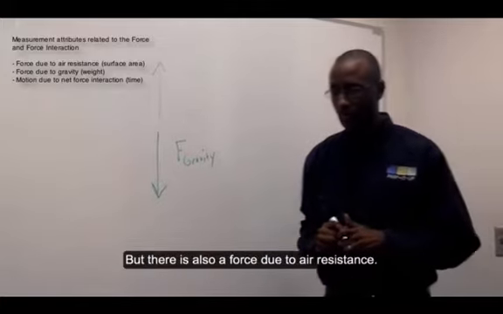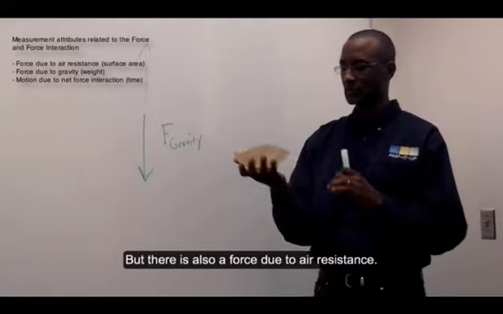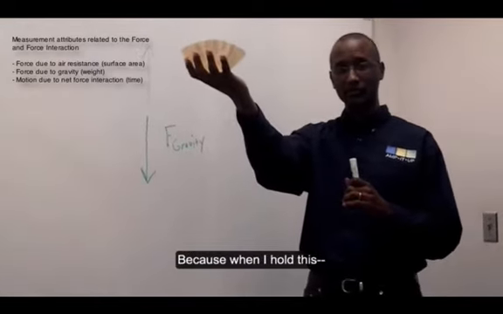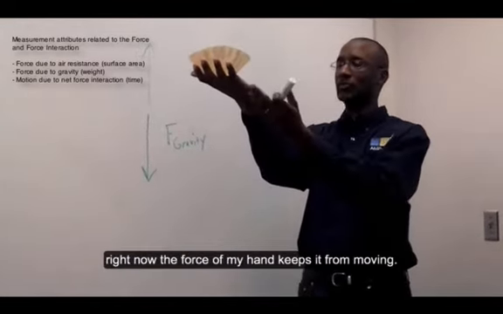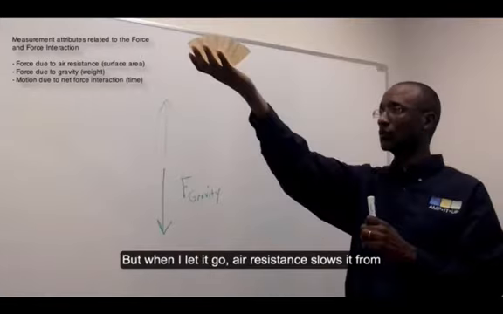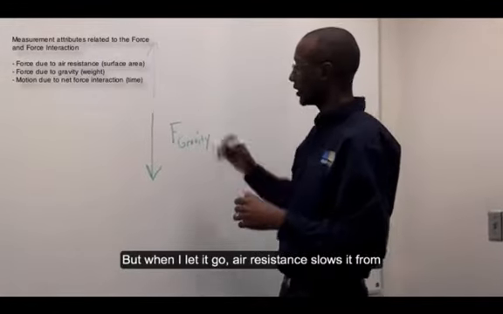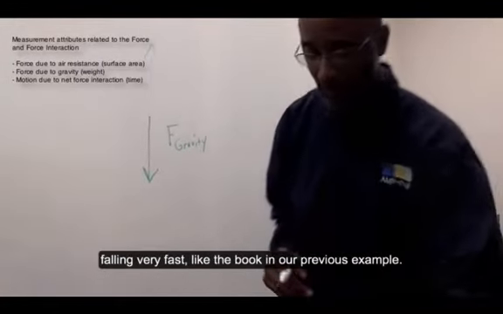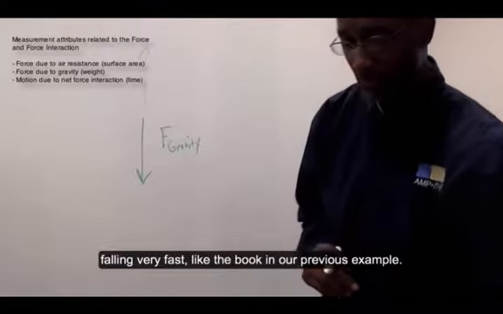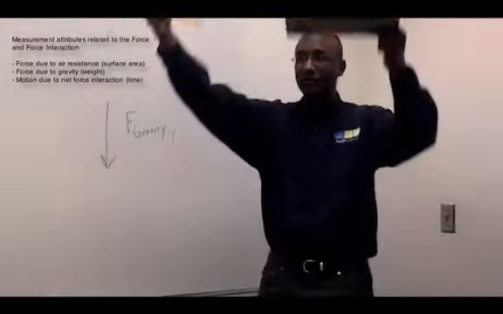But there is also a force due to air resistance, because when I hold this right now, the force of my hand keeps it from moving. But when I let it go, air resistance slows it from falling very fast, like the book fell in our previous example.